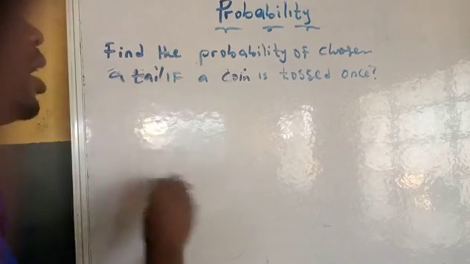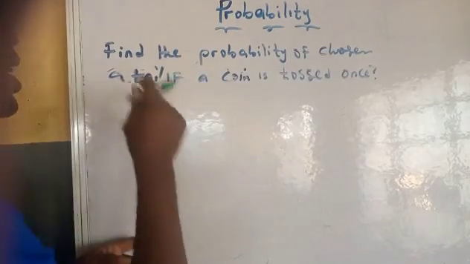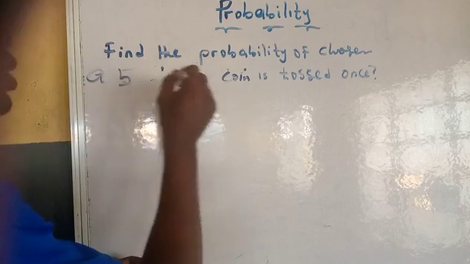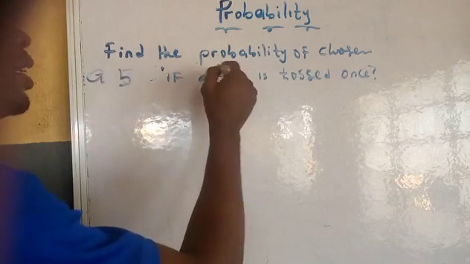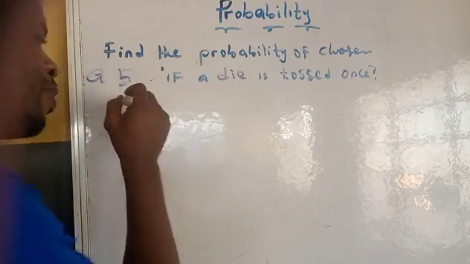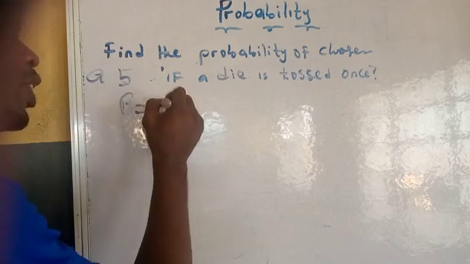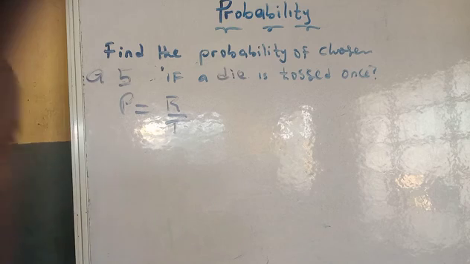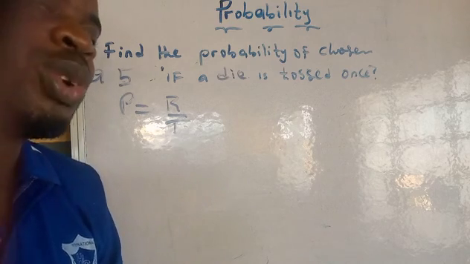Find the probability of choosing, let's say, a 5, if a die is tossed once. Now, the formula still remains probability equals required outcome over total outcome. So, who can tell me what the required outcome is?